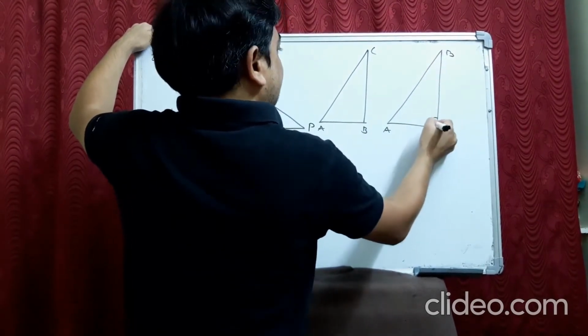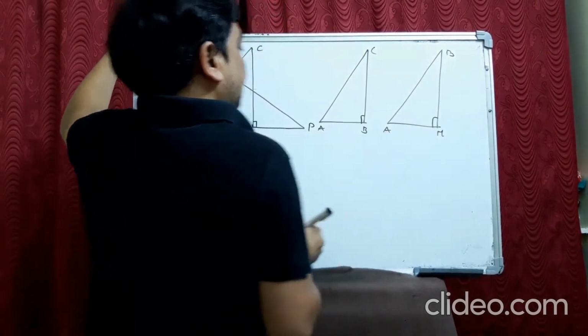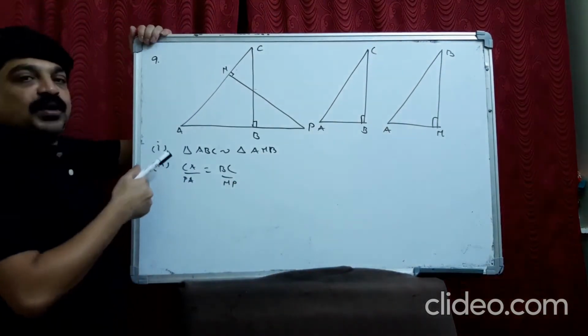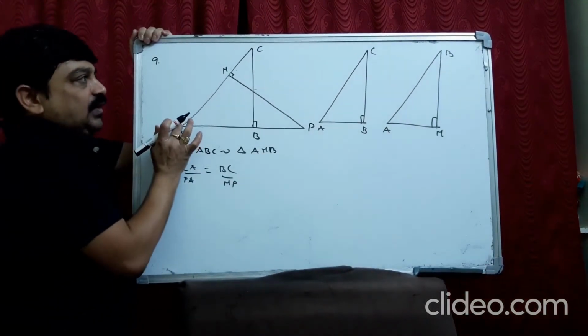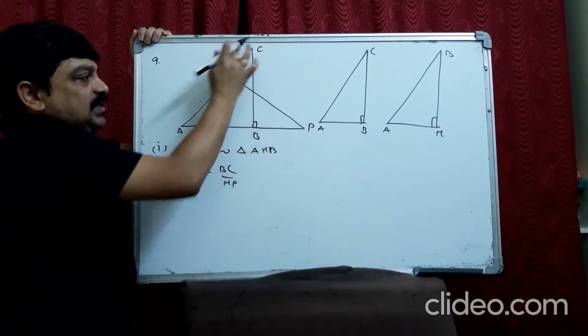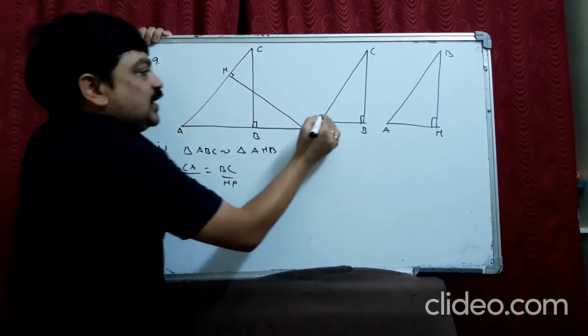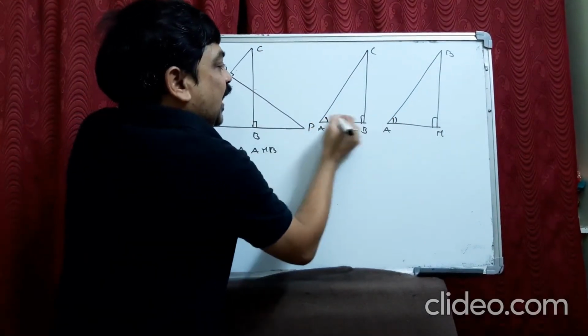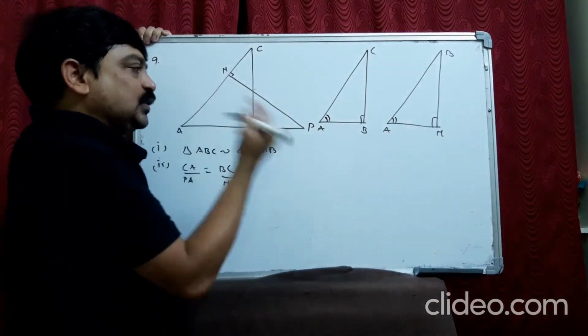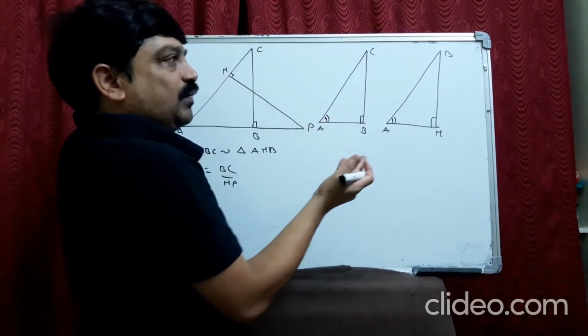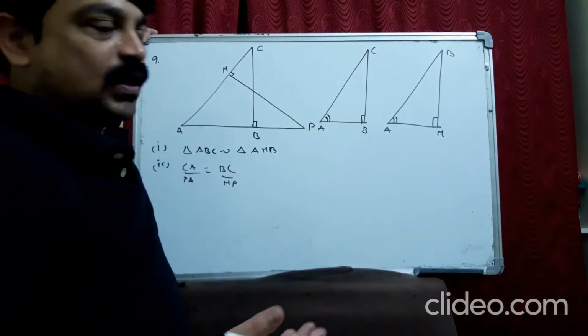Because M is at right angle, B is at right angle, and angle A is common in both the right angle triangles. See, when you take ABC and also AMP, angle A is common in both of them. So when two angles are equal, from angle sum property, the third angle also will be equal.